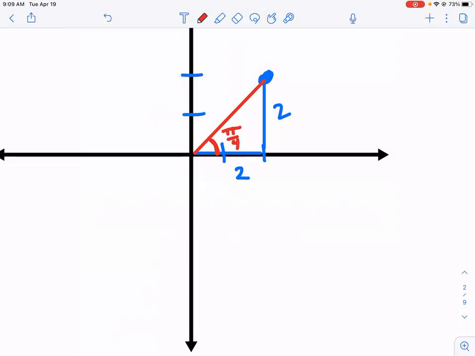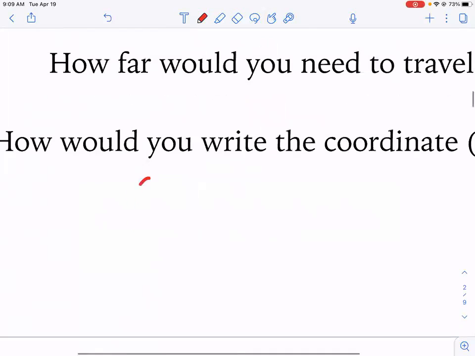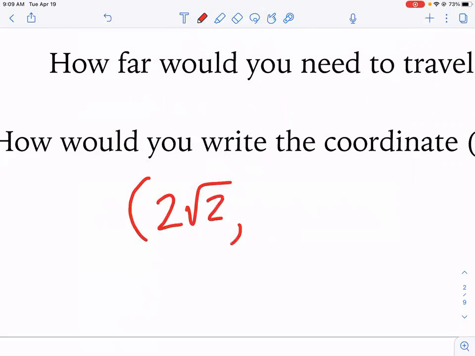And then how far from the origin do we have to walk out on this hypotenuse? 2 radical 2. All right. So our coordinate is (2 radical 2, pi over 4). That's our polar coordinate.